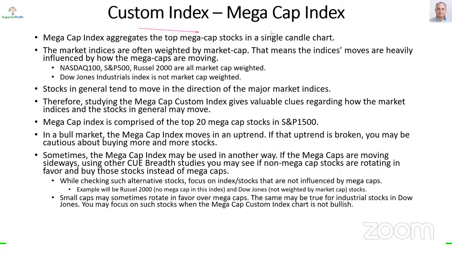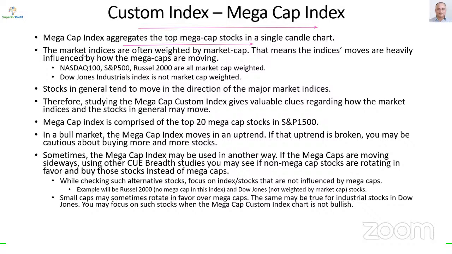Starting with custom index, mega cap index. Mega cap index aggregates the top mega cap stocks in a single candle chart. We don't read all the mega cap stocks or FANG stocks or different kinds of mega caps to see how they're doing. Just looking at the custom index, mega cap index, we know how mega caps are doing.